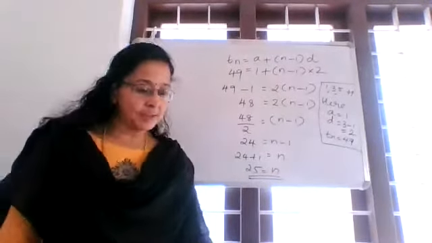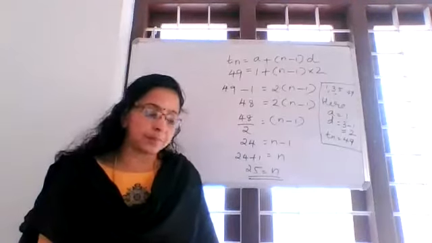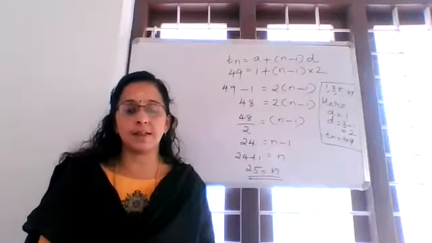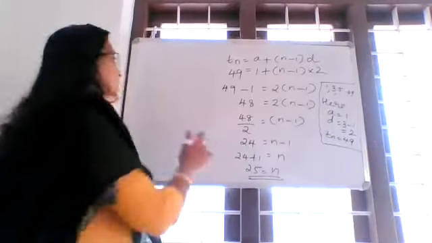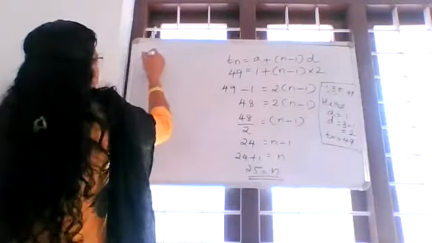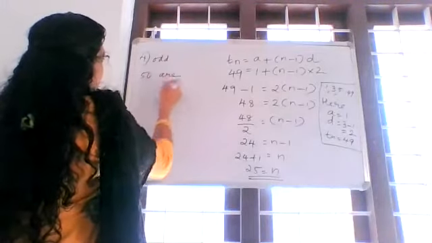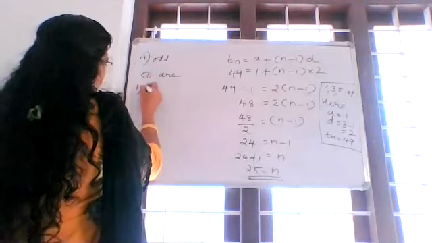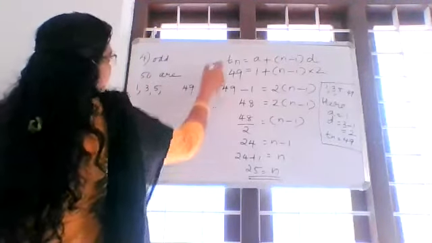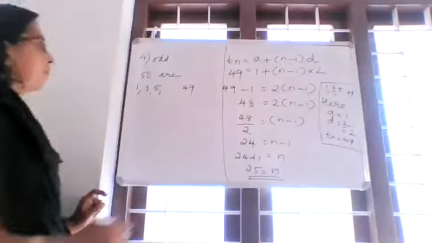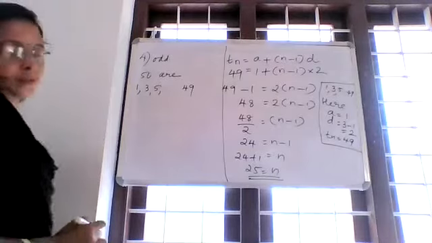Fourth question. Find the sum of all odd numbers less than 50. So answer. Odd numbers less than 50 are: which are the odd numbers less than 50? 1, 3, 5, etc., 49.